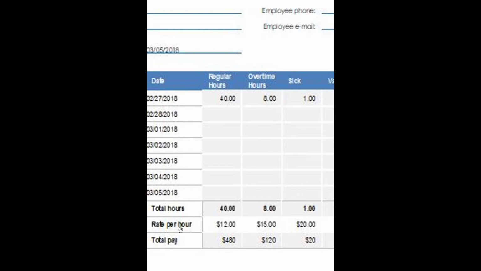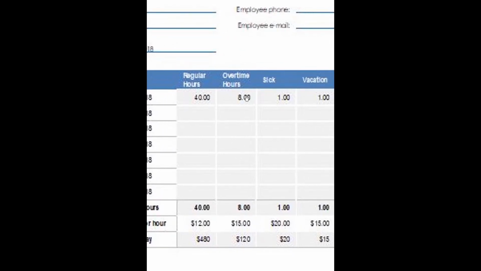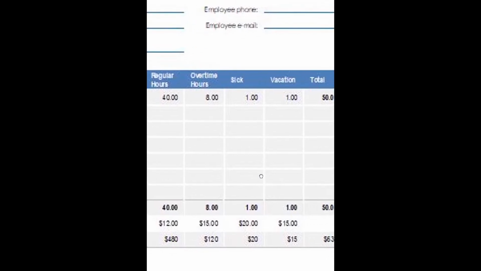And at the bottom, it tells us the rate per hour. Because this person worked 40 hours, he's going to get a total of $480. The amount of overtime worked was 8 hours. The rate for the overtime is $15 per hour. So that's how much he would have made for overtime.